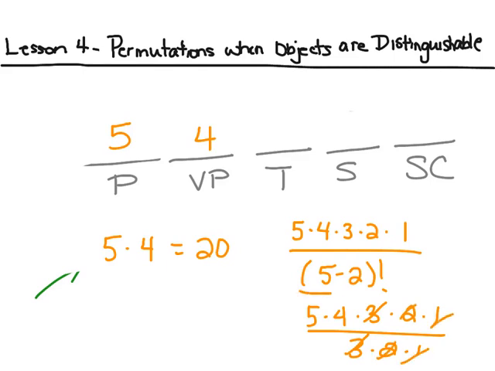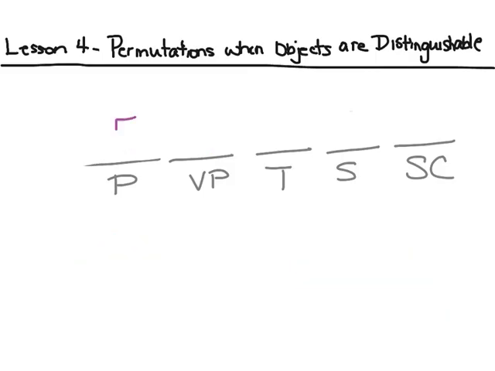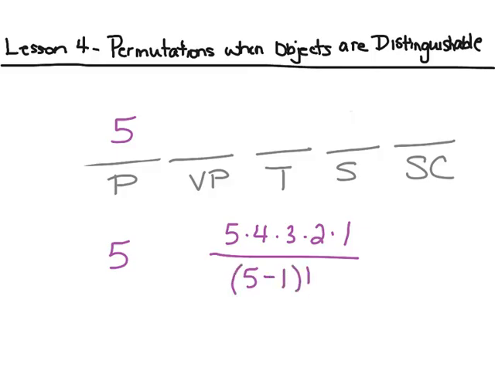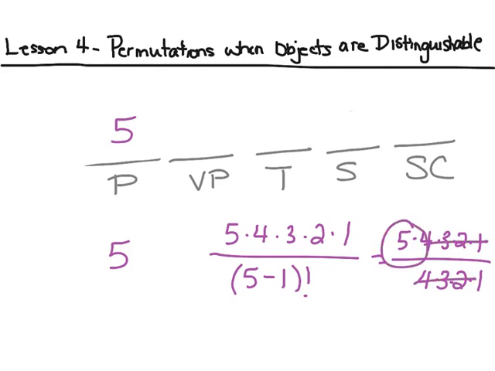Notice that the number we subtract from 5 is how many objects we're choosing. For the last one, if we wanted to vote for just the president, there'd be 5 ways to do it. So 5 factorial divided by 5 minus 1 factorial, which is 4 factorial. The 4 factorials cancel, and we're left with 5.